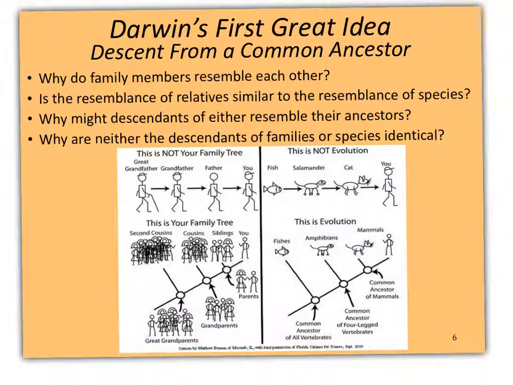Well, species, why are they not identical? What's the reason why a species, or some taxon, might be different from its common ancestor? What are the forces of evolution?